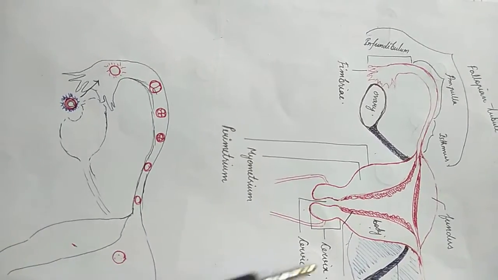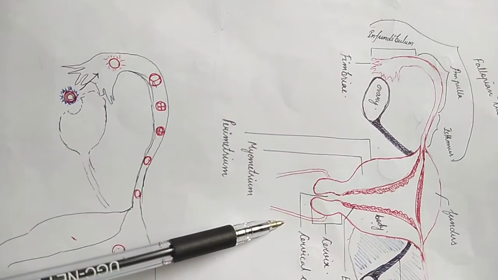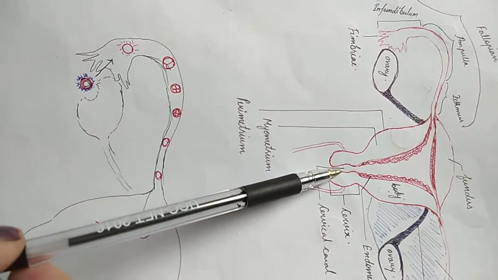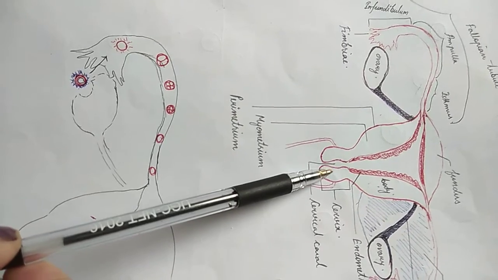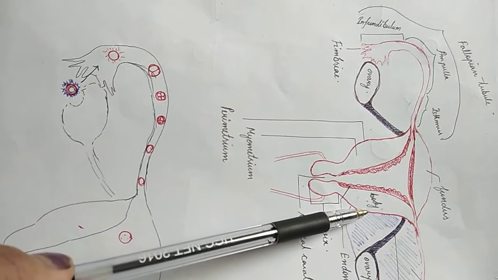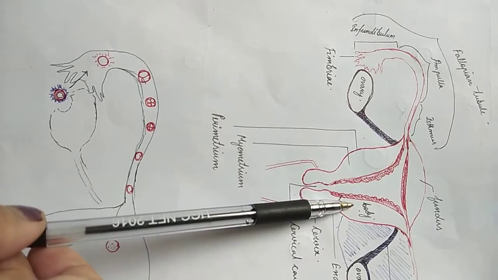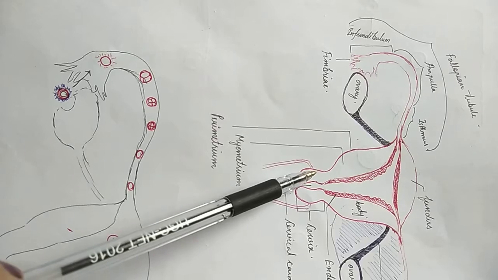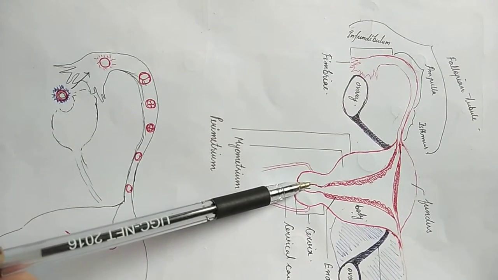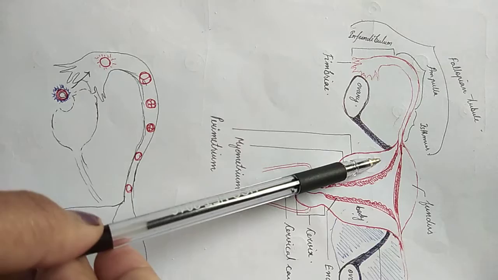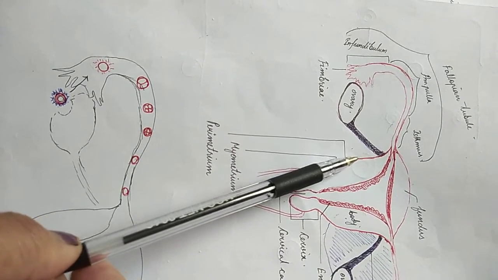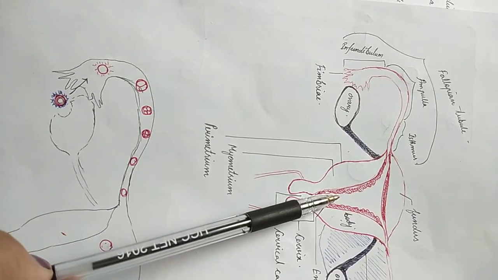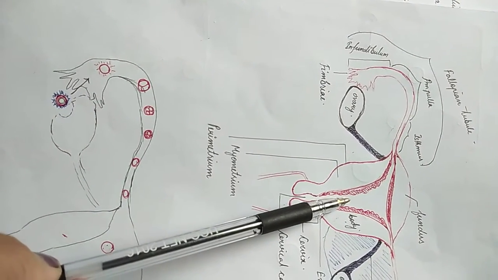The glands of the cervical canal secrete a protective mucus plug during pregnancy. The uterus has a thick, highly vascular wall composed of three tissues: outer perimetrium, middle smooth muscle layer known as myometrium, and inner mucous membrane known as endometrium.